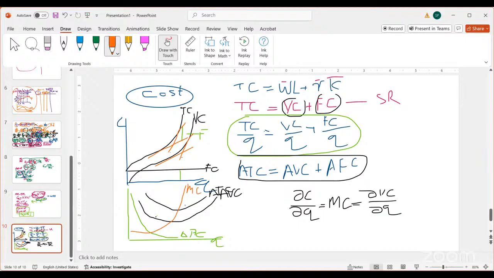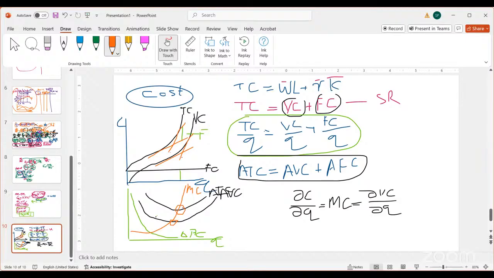So here you must notice a very important relationship, though I did not fully capture it here. The marginal cost curve goes through the minimum point of the average cost curves.